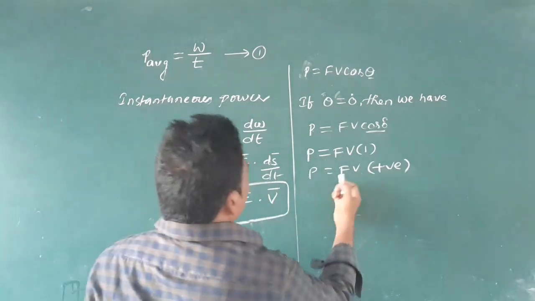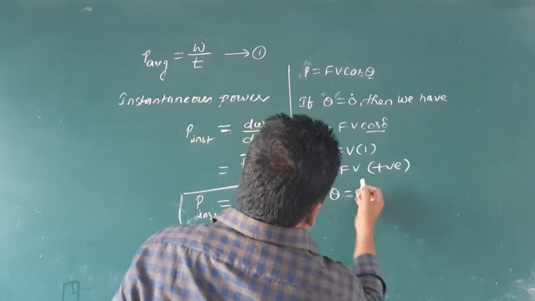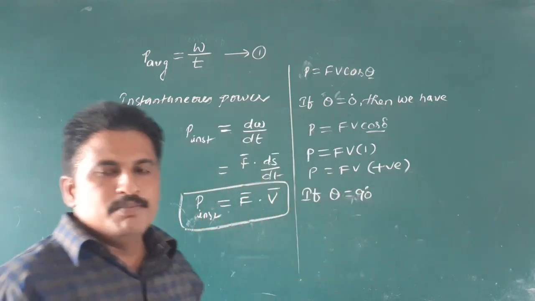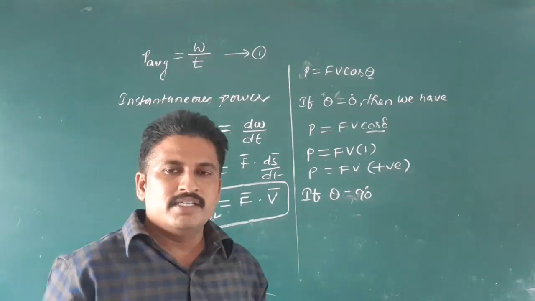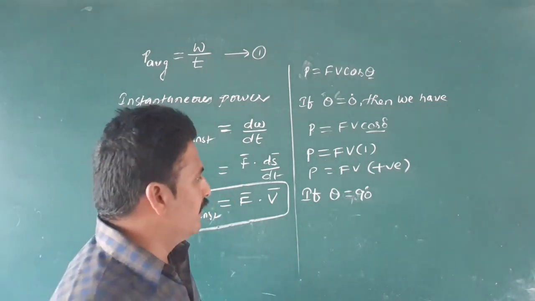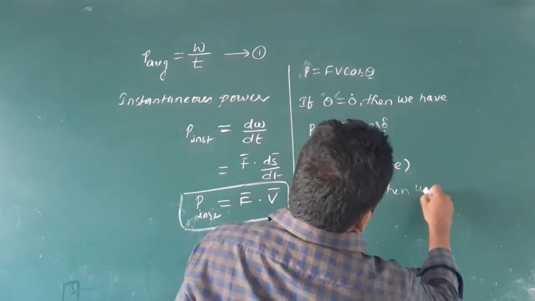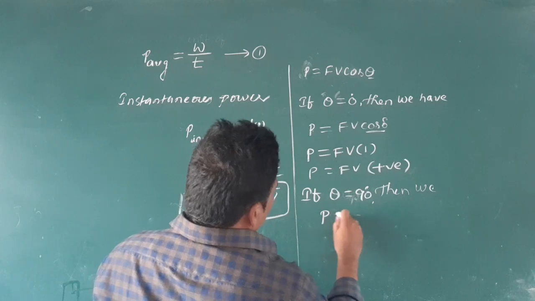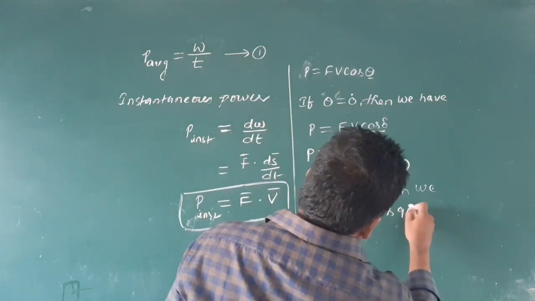And also, if theta is equal to 90 degrees, we know theta is the angle between the force and the velocity. That means force and velocity are both acting perpendicular. Then we have power P is equal to Fv cos 90.